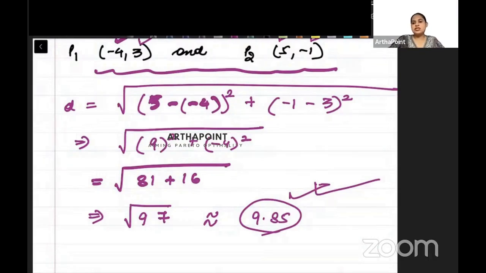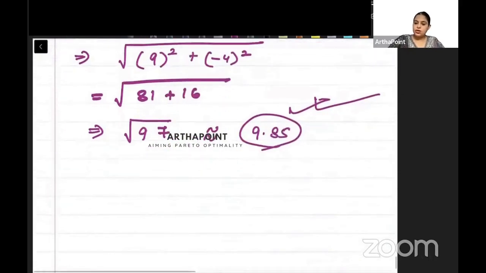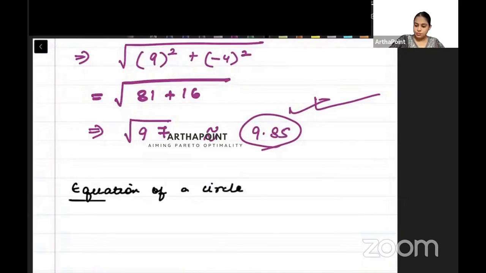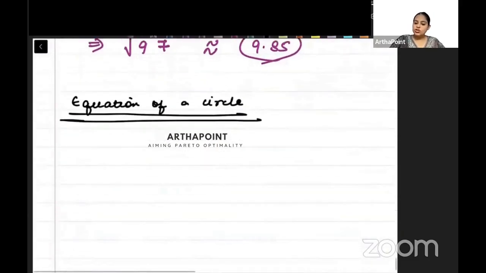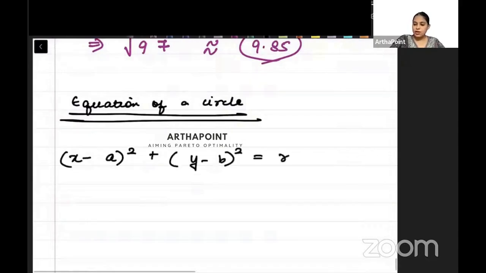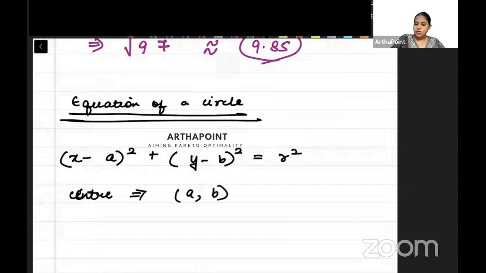The equation of a circle is (x minus a) whole square plus (y minus b) whole square is equal to r square, where the center of the circle is (a, b) and the radius of the circle is r.